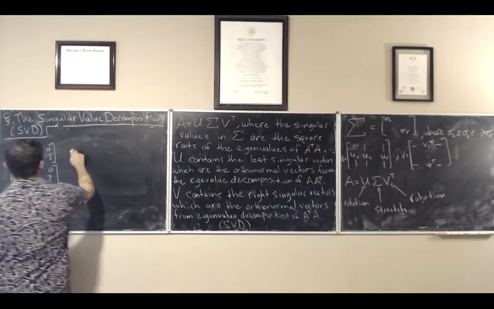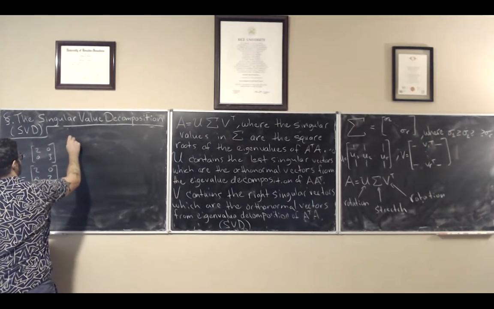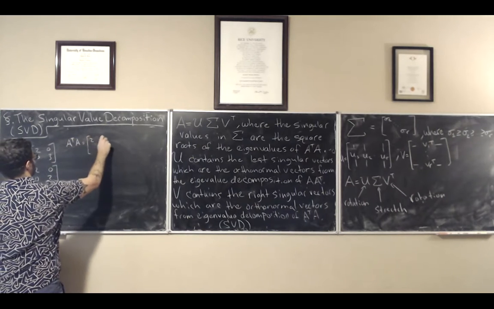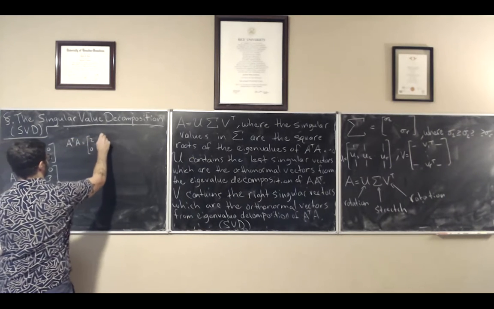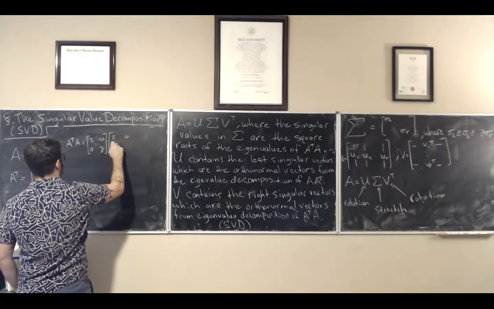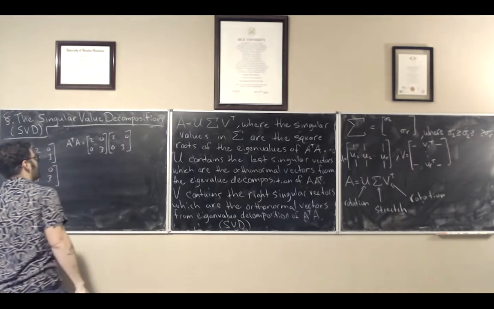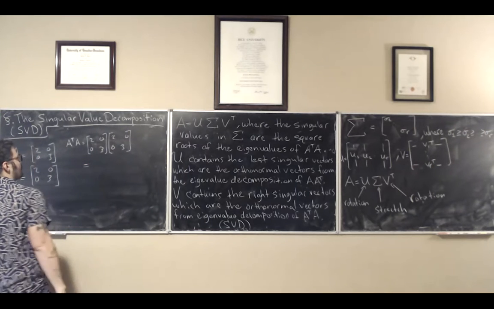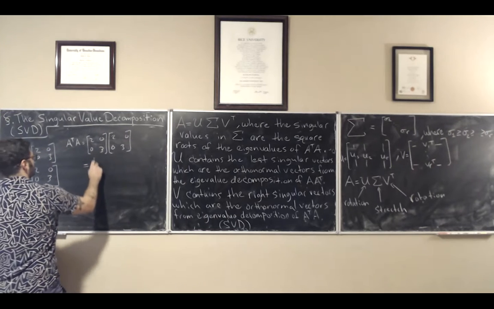So then A transpose times A is 2, 0, 0, 3 times 2, 0, 0, 3. All right, so what's in the first row?